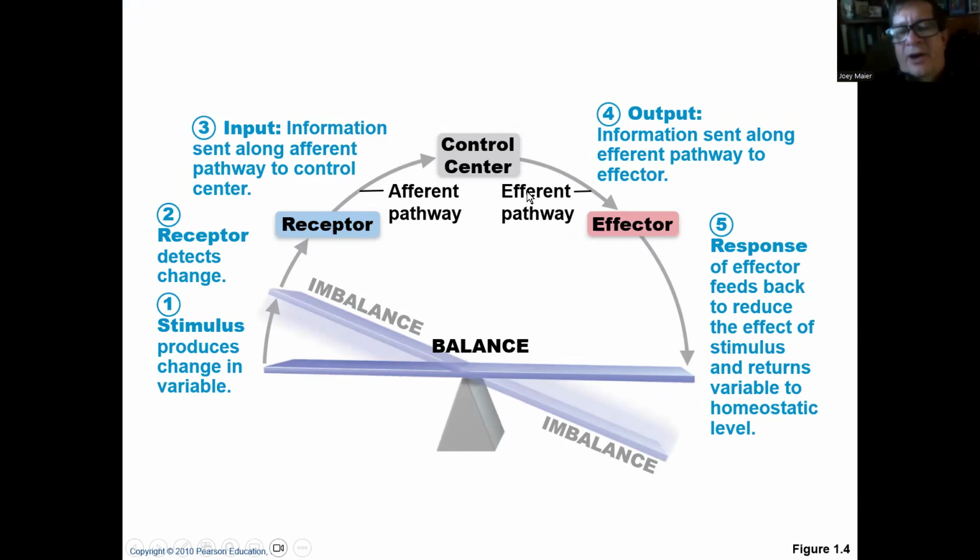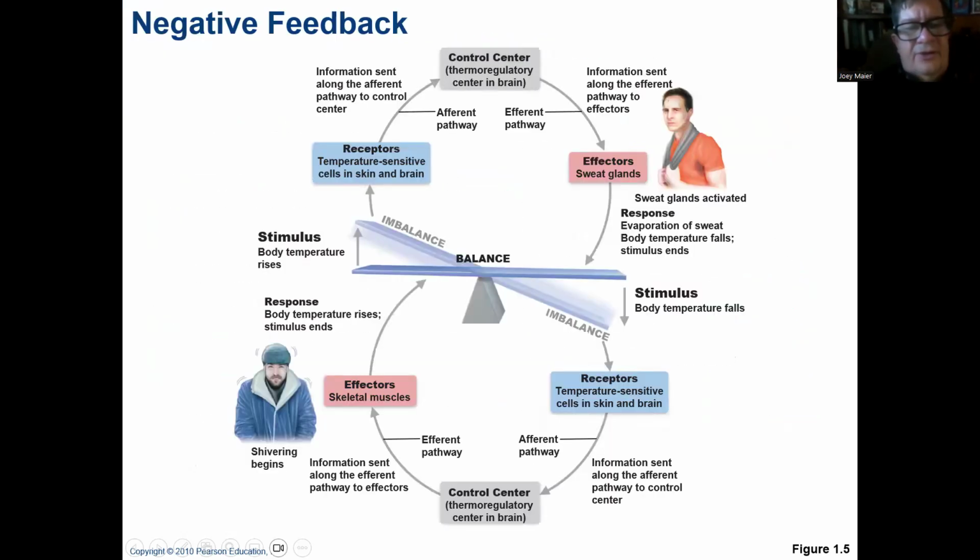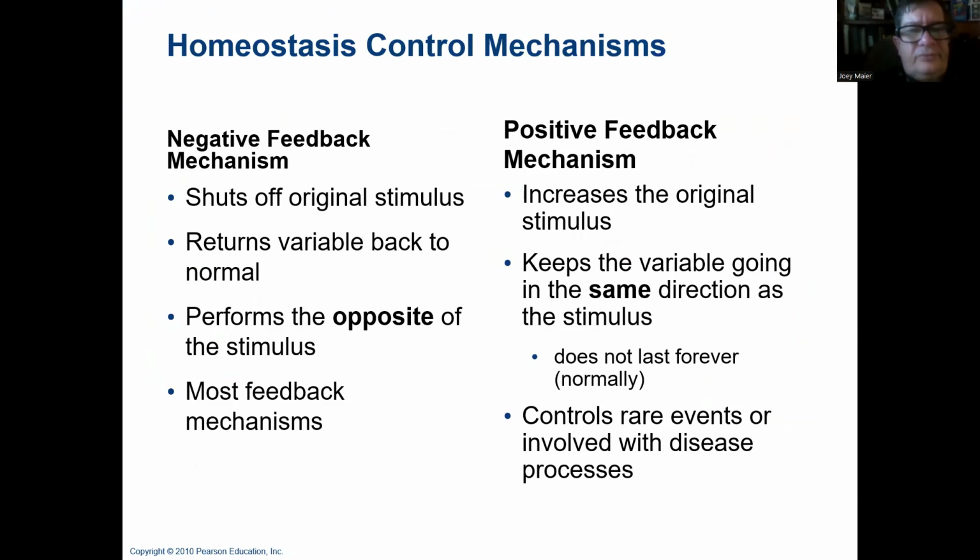Anyway, so efferents send signals out to effectors, and afferents take signals in from the sensors, and those signals arrive at the central nervous system. All right. So negative feedback shuts off the original stimulus and gets us back to normal.